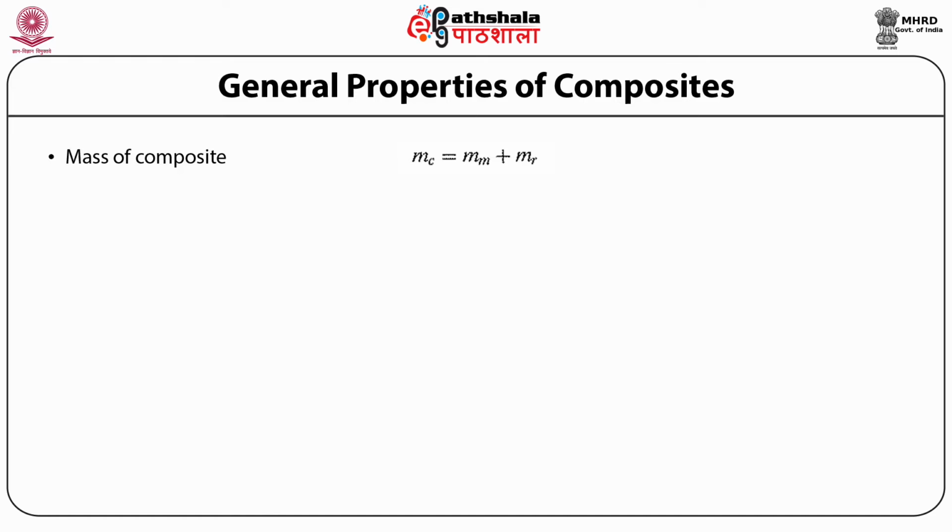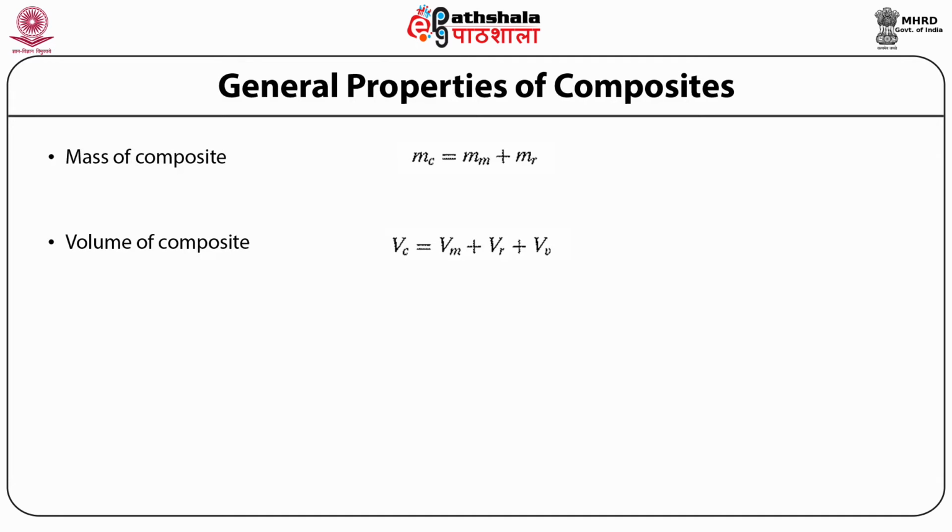The total mass of the composite would be simply the sum of the mass of the matrix, represented by mm, and that of the reinforcement phase, represented by mr. So the total mass of the composite, that is mc, is equal to mm plus mr. Next, the volume of the composite would be the sum of the volume of the matrix phase, the reinforcement phase, and a void, if any.